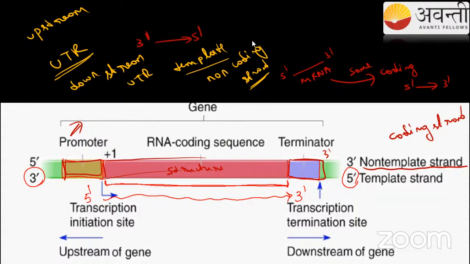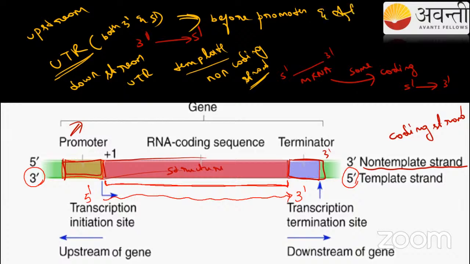Always remember, guys, UTR is present in both the 5' and the 3' direction. So where is it going to be present? It is present before the promoter and after the terminator. So why is the UTR region required?